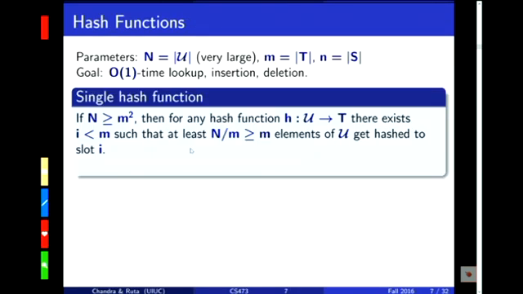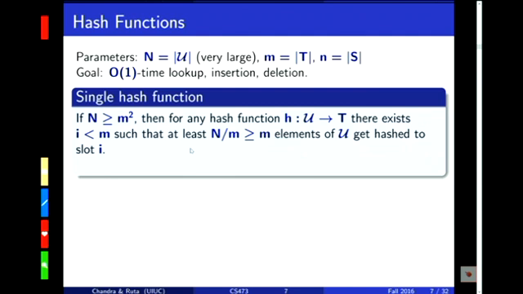And it may happen. Suppose n, the size of the universe, is at least m square. Then for any hash function I take, from U to T, from the universe to 0 to m minus 1, there exists some position in the table which will have m elements, again by pigeonhole, right?